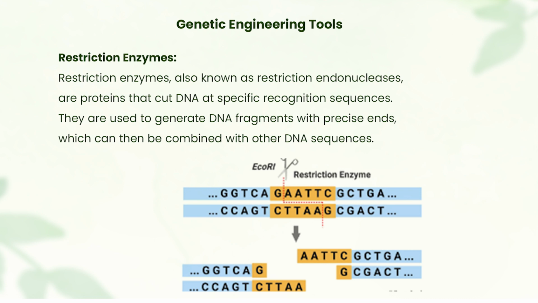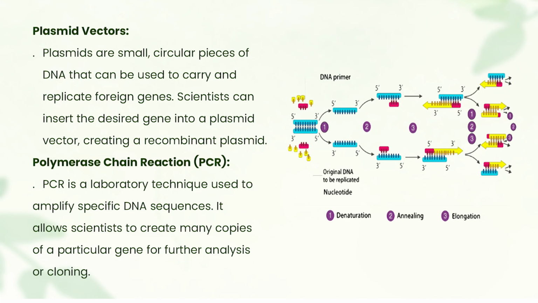They are used to generate DNA fragments with precise ends, which can be combined with other DNA sequences. In this way, with this tool we can prepare the genetically engineered plant. Next is the plasmid vector.